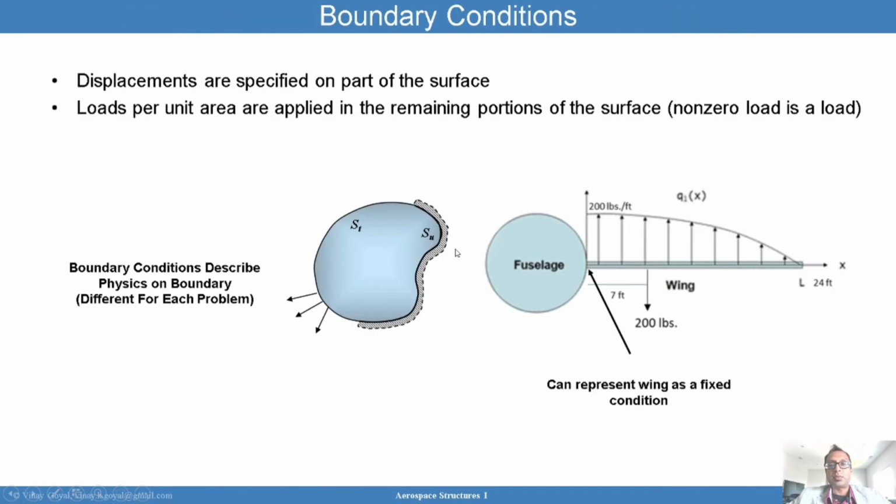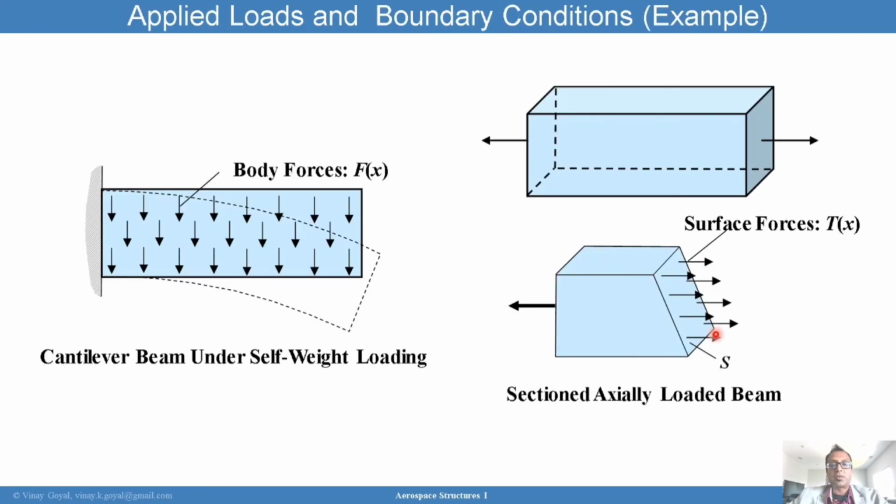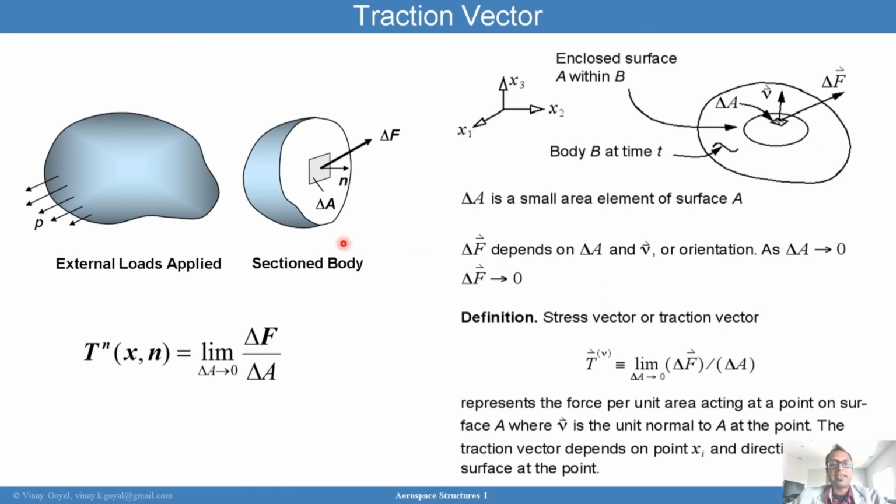In the wing example, I expect the highest traction forces inside the body to be greater here towards the root compared to towards the wingtip. And so I hope that's clear that I'll expect higher traction forces here than here. Therefore, the traction quantities that we're discussing right now can vary as a function of the location of the structure.